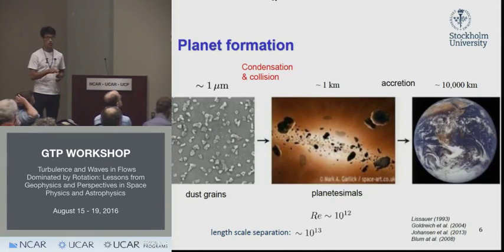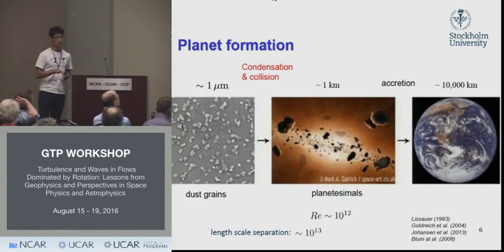This condensation and collision problem is also very important for understanding the formation of planets. We have dust grains with a size of about 1 micrometer, and they grow through condensation, collision and other processes to planetesimals with a size of about 1 kilometer, and then accretion to become a planet.